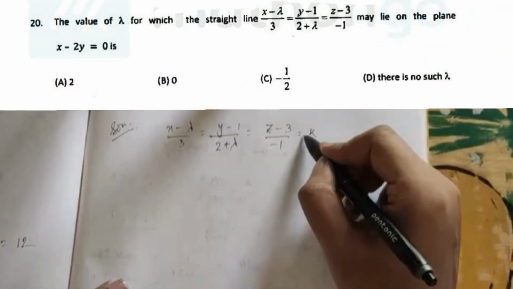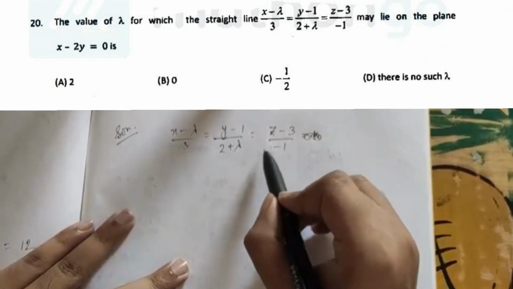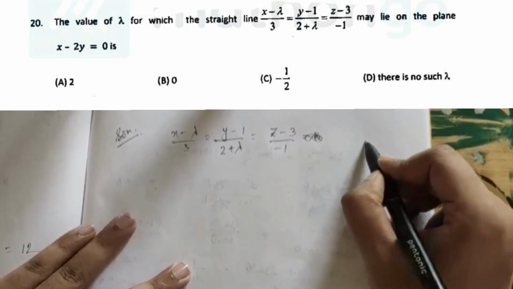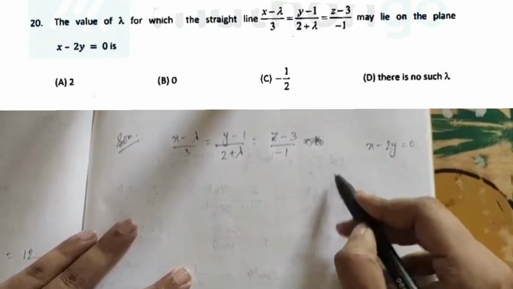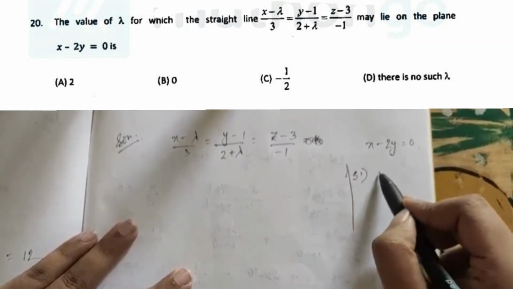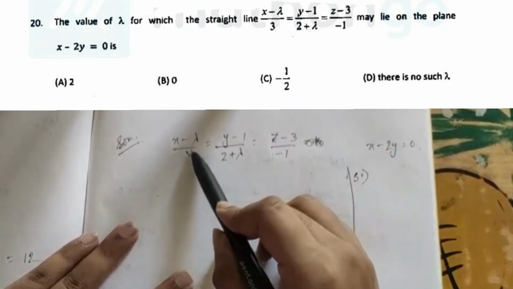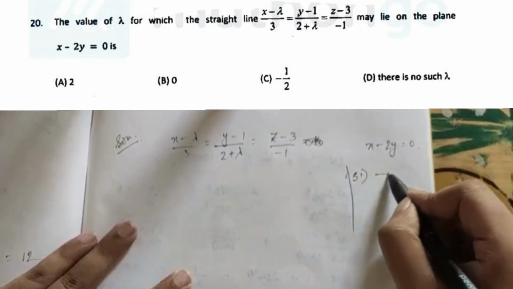In the next, x minus lambda by 3 equals y minus 1 by 2 plus lambda equals z minus 3 by minus 1 is the given equation of the straight line in 3D, and the given plane is x minus 2y equal to 0. In these types of questions there are two steps. Step 1, multiply the direction ratios of the plane and the line and equate it to 0.